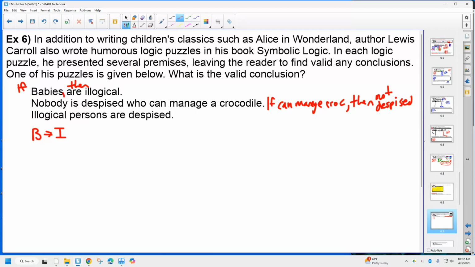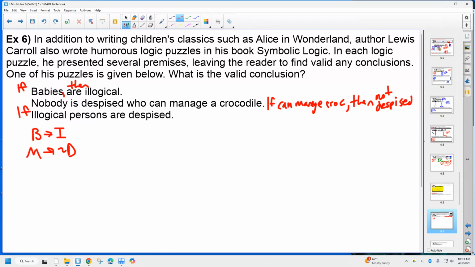Nobody is despised who can manage a crocodile. So if you switch it around and say, if you can manage a crocodile, then you're not despised. Same thing. So if you're a baby, then you're illogical. If you can manage a crocodile, then you're not despised. And then illogical persons are despised.